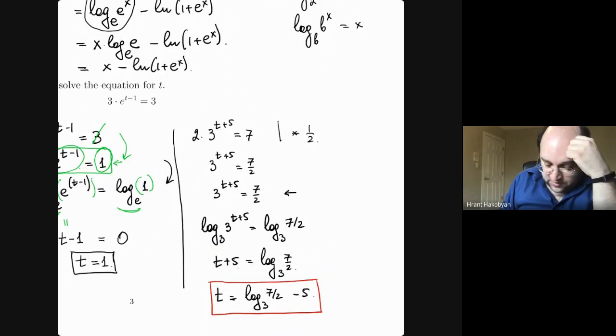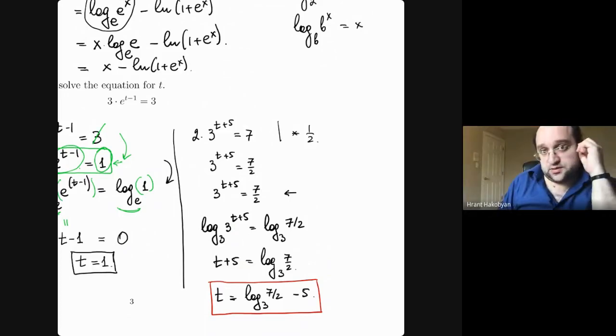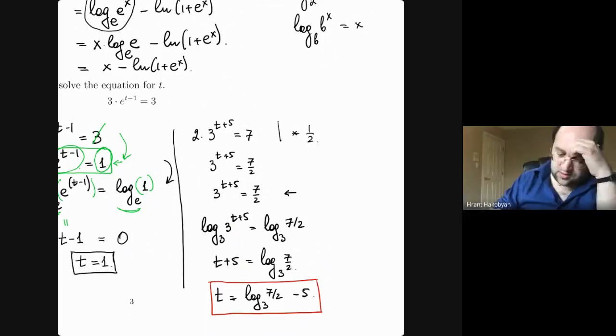I need the same base to get rid of this expression so that I have just t plus 5. So you're saying whenever there's an e in the actual problem, then you can use ln, because that cancels to just 1? That's right, yes.